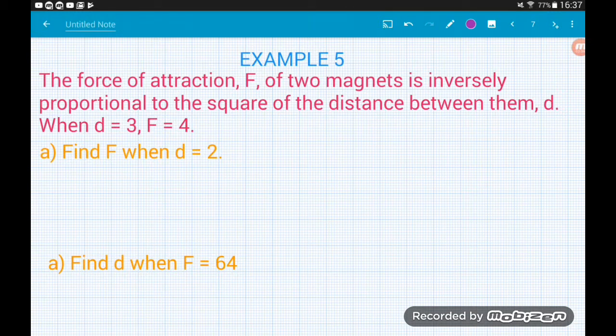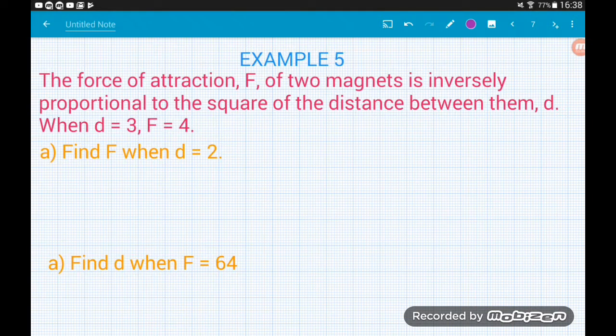Okay, so example 5. The force of attraction F of two magnets is inversely proportional to the square of the distance between them D. When D equals 3, F equals 4. So again, we've got one here where we need to be careful of the language. F is inversely proportional to the square of D. That doesn't mean the square root of D, that means D squared.